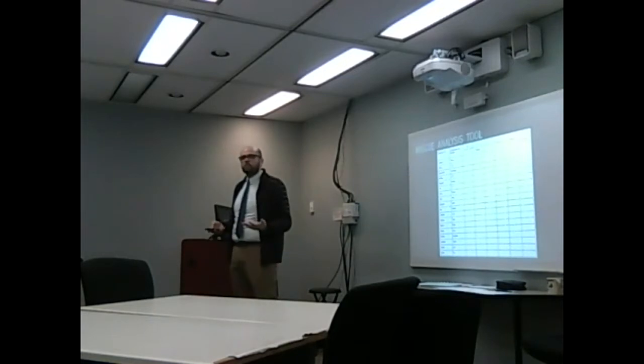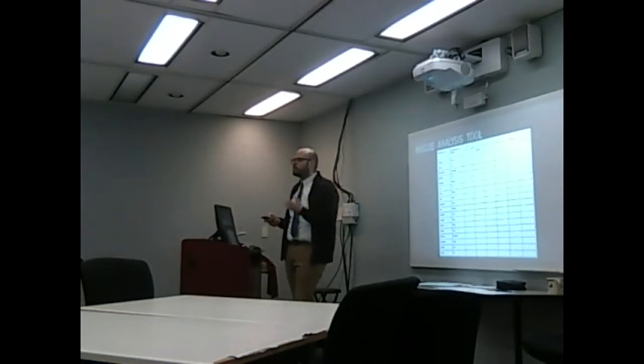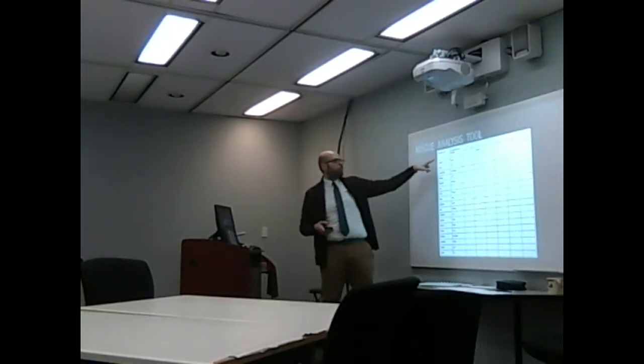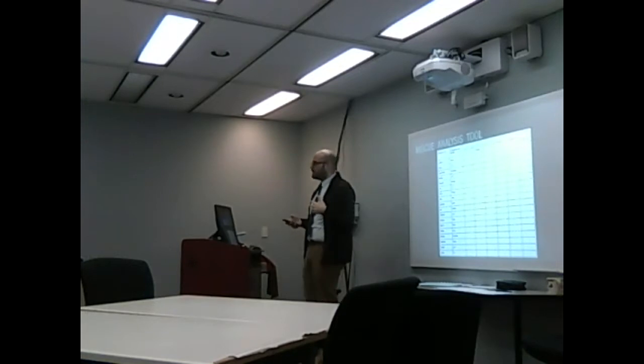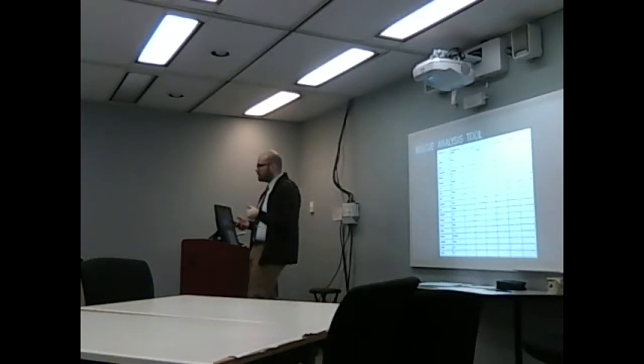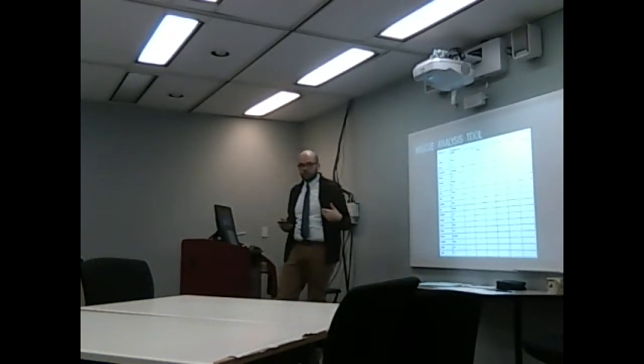So let's move into this analysis tool for a second, and I'll walk you through briefly how this works. When we're thinking about this miscue analysis, we're thinking about what the word in text is, right? Because we want to pull kids back to the clues that they're getting from the print. We want to hold them responsible for the print.